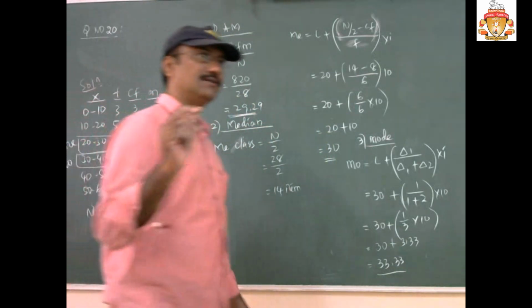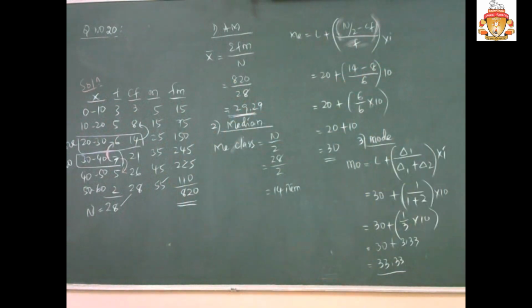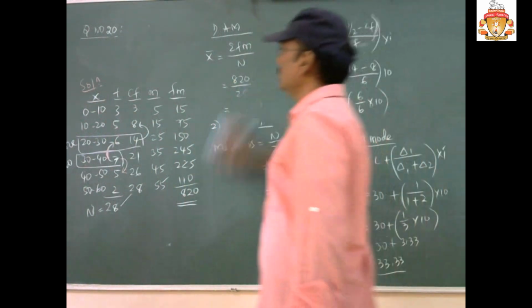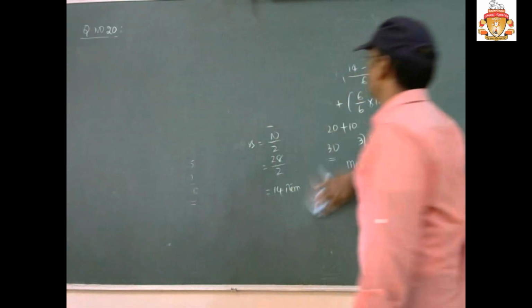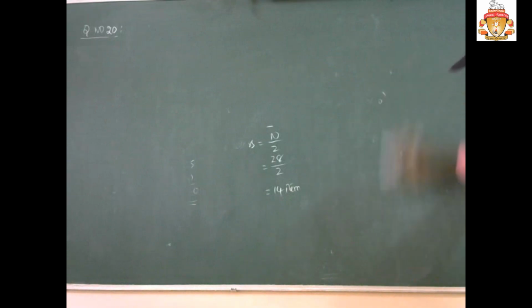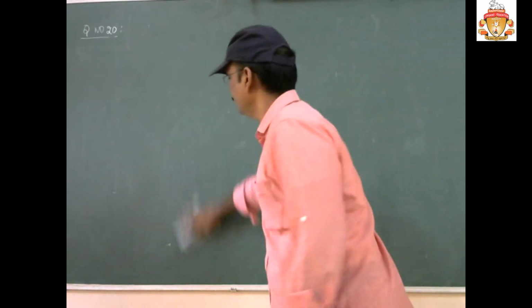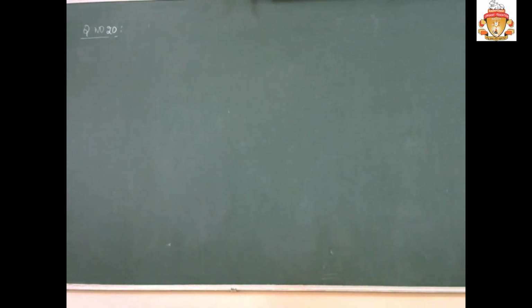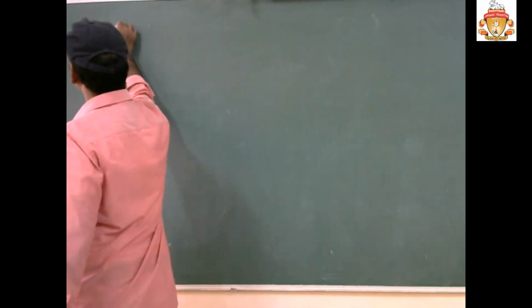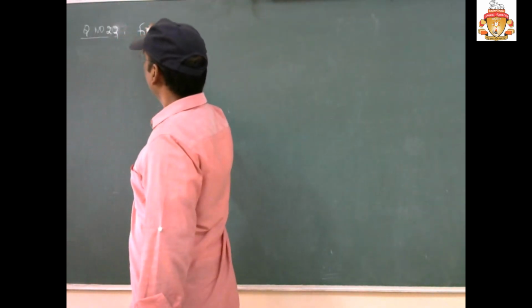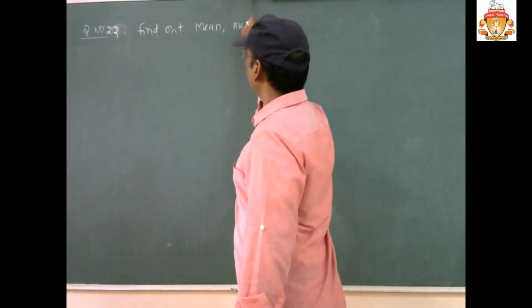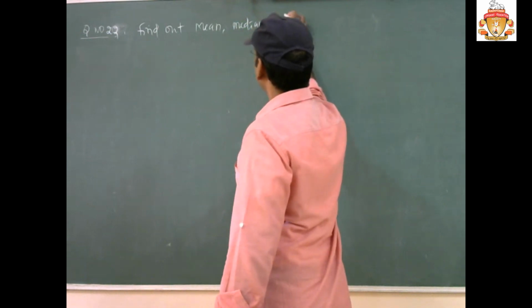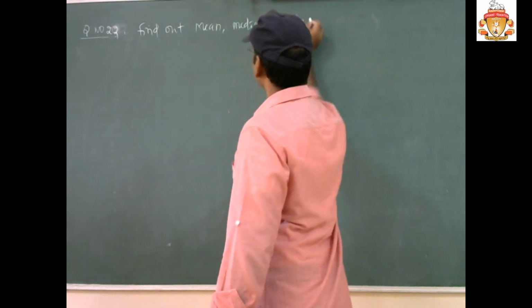Now I will assign you a similar question, that is question number 22. So take question number 22 now. It is assigned to you all. Find out the mean, median and mode.